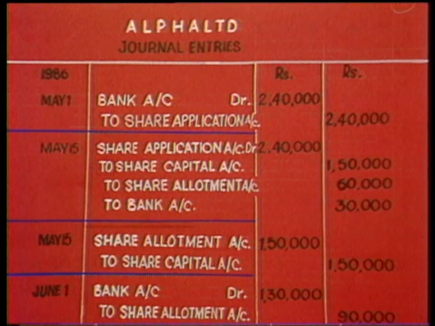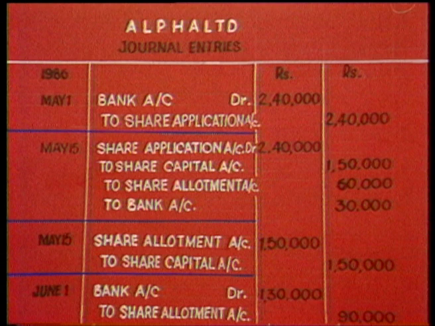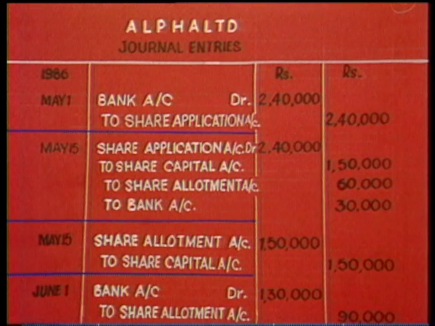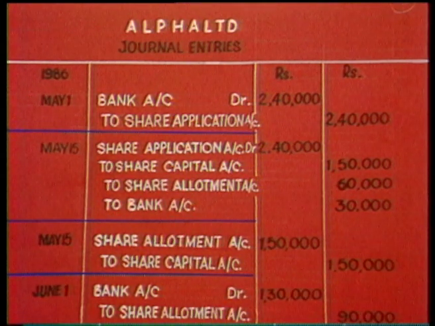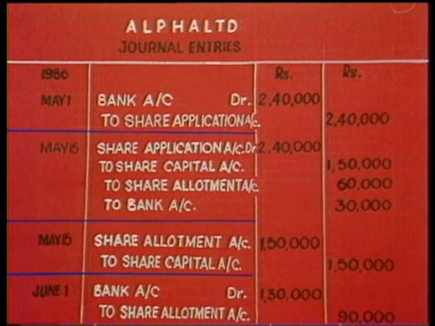For this journal entry, you will give a narration, being the amount of rupees 3 per share towards application money received on 80,000 shares. Then on the 15th of May, the company takes its decision regarding the allotment of shares.